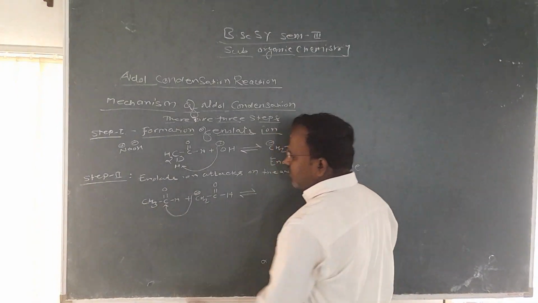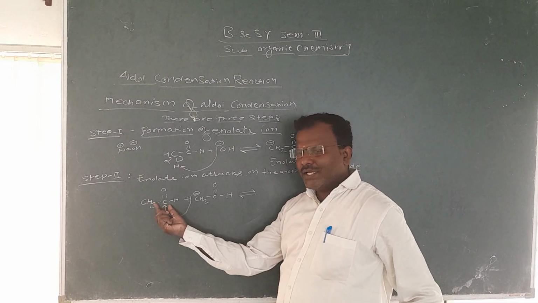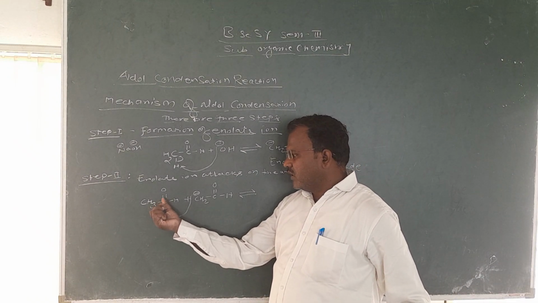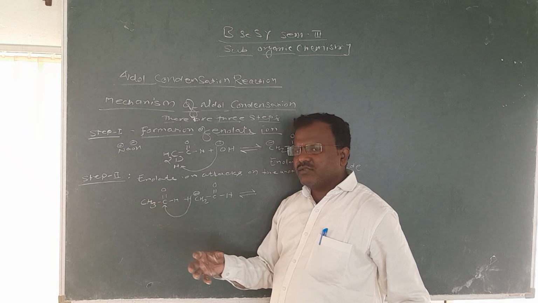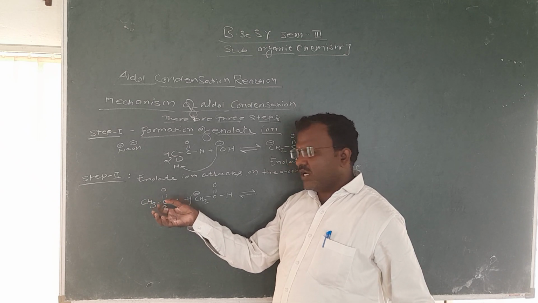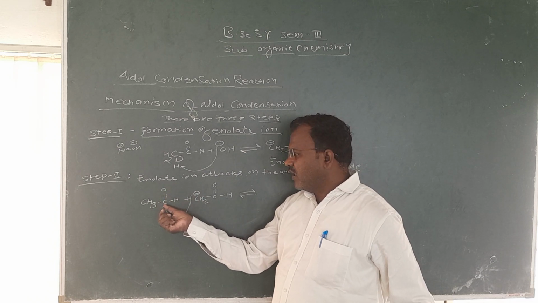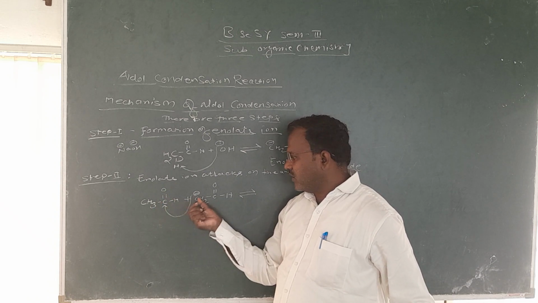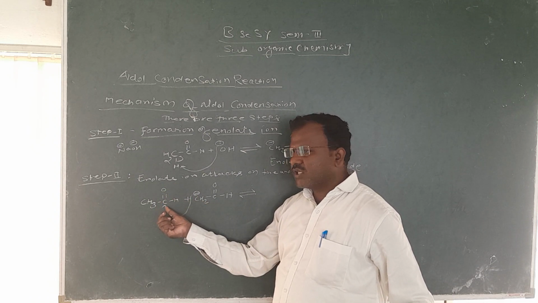This carbon is electron deficient, because the oxygen atom is more electronegative. That's why it pulls the electrons toward itself, and this carbon becomes electron deficient. The nucleophile attacks this carbon atom.